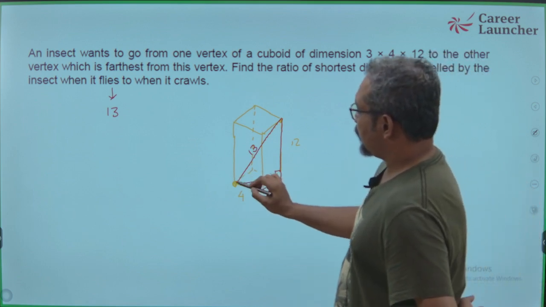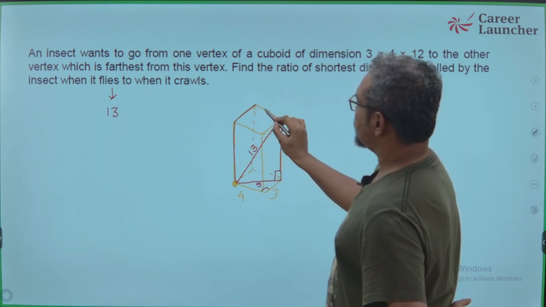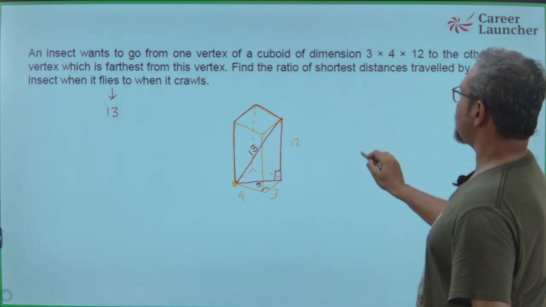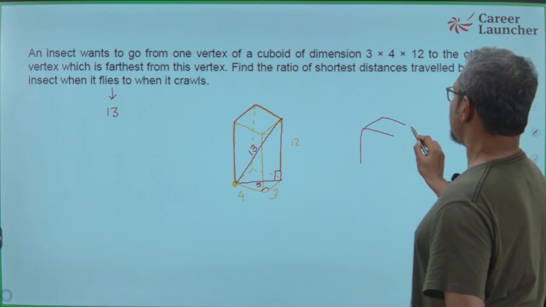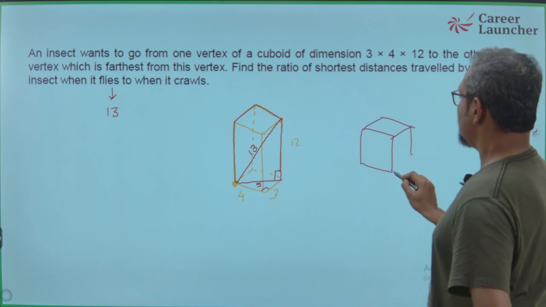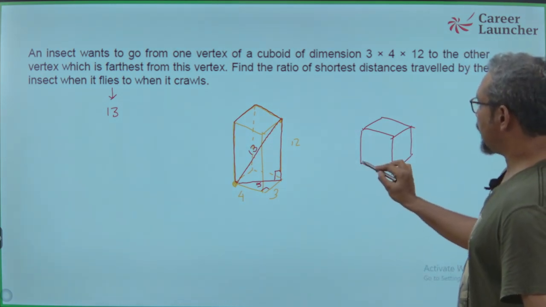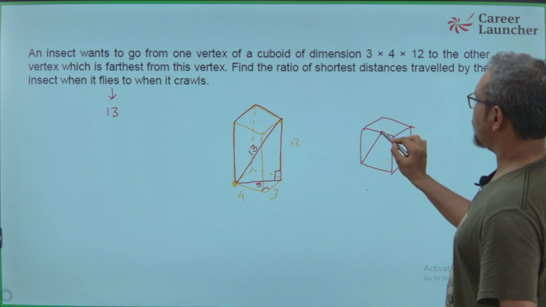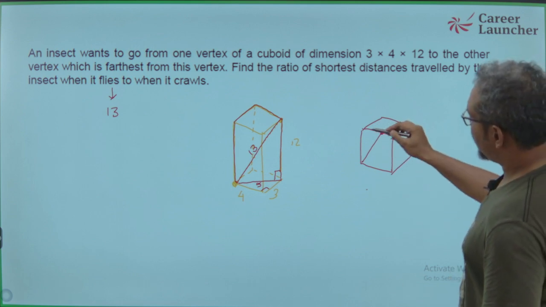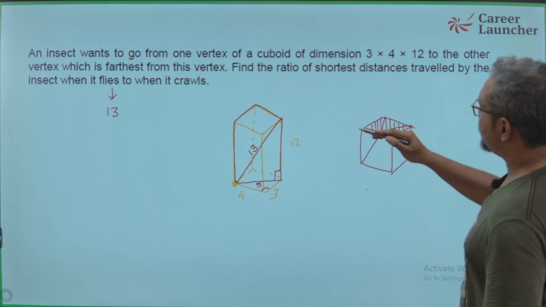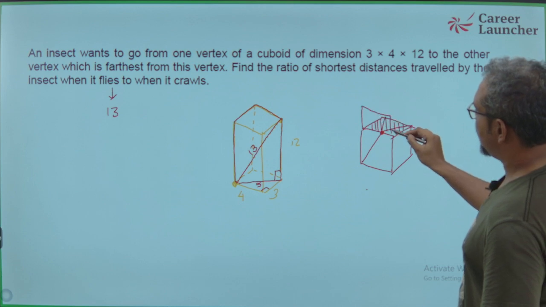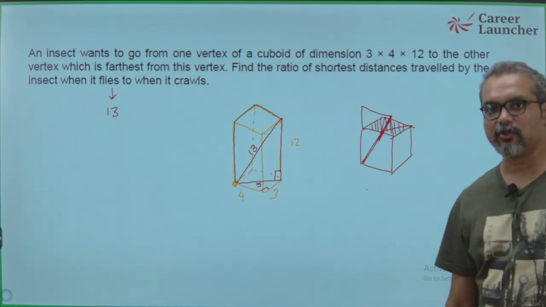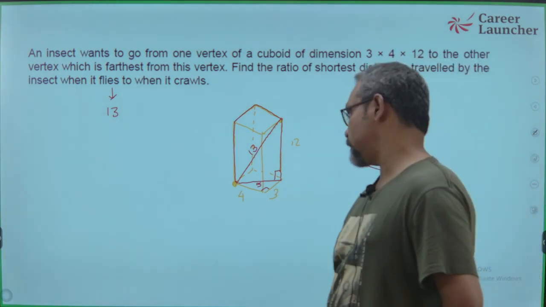So crawling, it can go straight, then straight, then straight. That could be the longest it can take. But then what will be the shorter one? If I draw another such cuboid, the shorter one will be when it is going like this, and from here moves like this, so that when this face is flapped open as if it's a page of a book, then this forms a straight line, and that will be the shortest distance. A straight line is always the shortest distance.